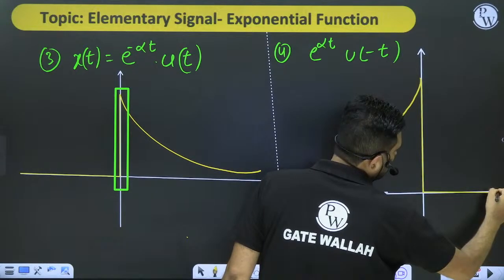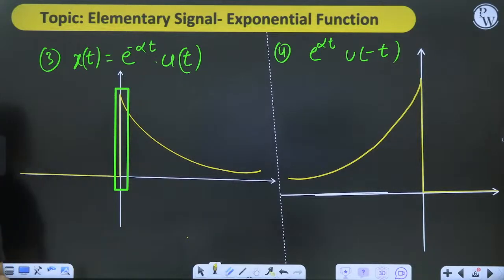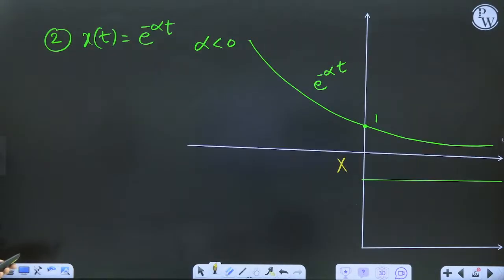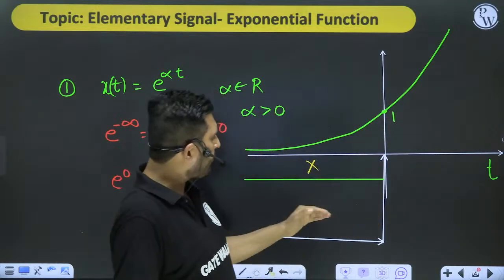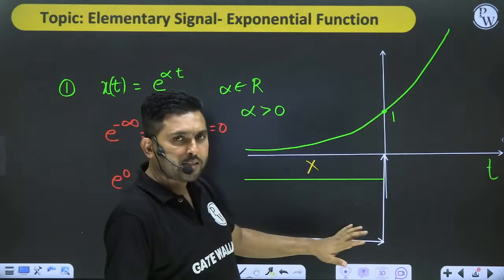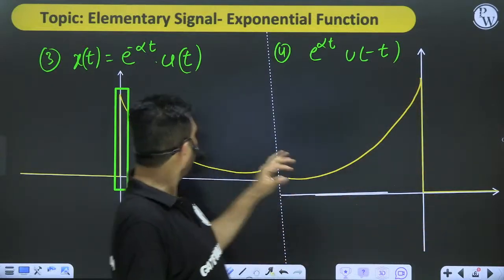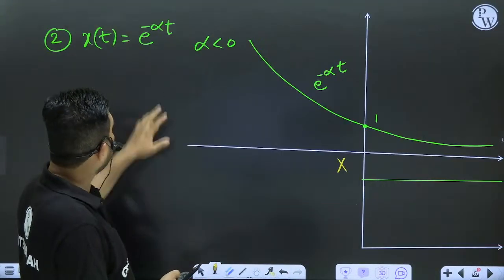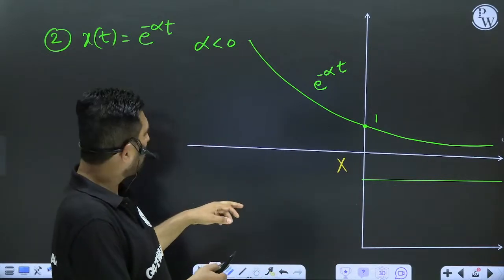After that, this function is 0. So what I want to tell you is that, see here, this is the real exponential e to the power alpha t. And when e to the power alpha t is multiplied with u minus t, you will have a jump at this 0, and you will have a jump e to the power minus of alpha t. This is multiplied with ut, then you will have a jump at this point.